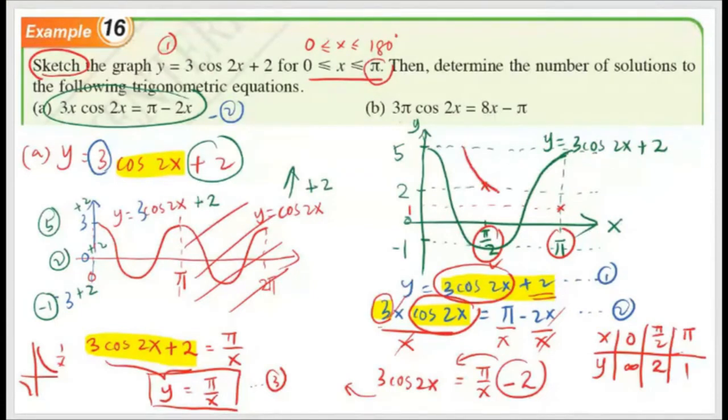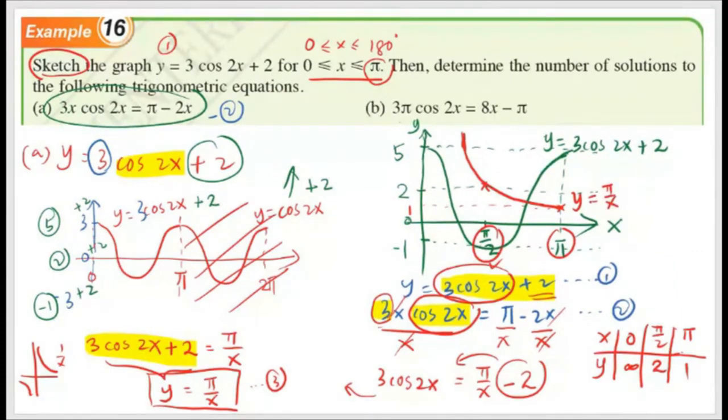For example, like this. It will go to infinity, so it won't touch 0 because it's infinity. So your graph here is y equal to pi over x.